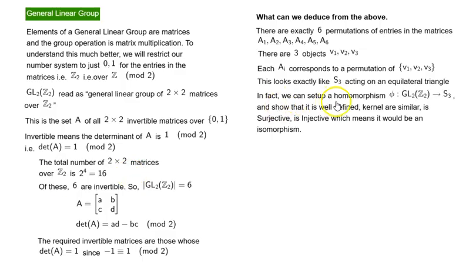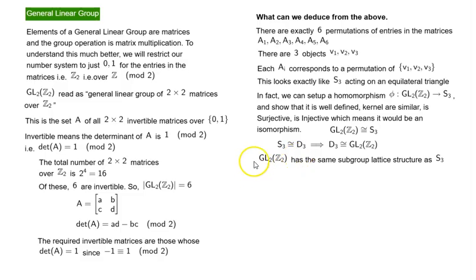In fact, we can set up a homomorphism phi from GL2 over Z2 to S3 and show that it is well-defined, the kernel is trivial, it is surjective, it is injective, which means it would be an isomorphism. So we can say GL2 over Z2 is isomorphic to S3. We already know that S3 is isomorphic to D3, which implies D3 is also isomorphic to GL2 over Z2.